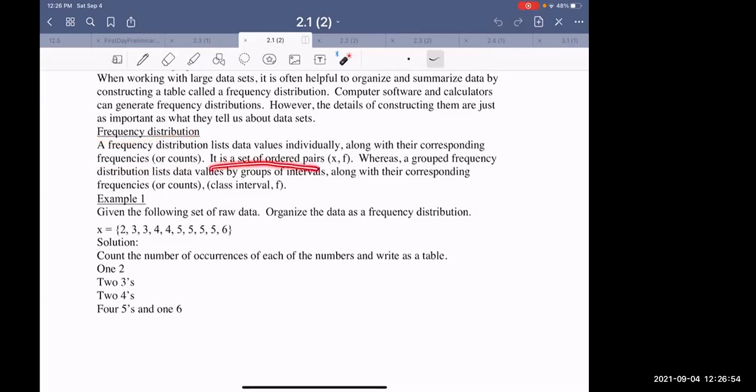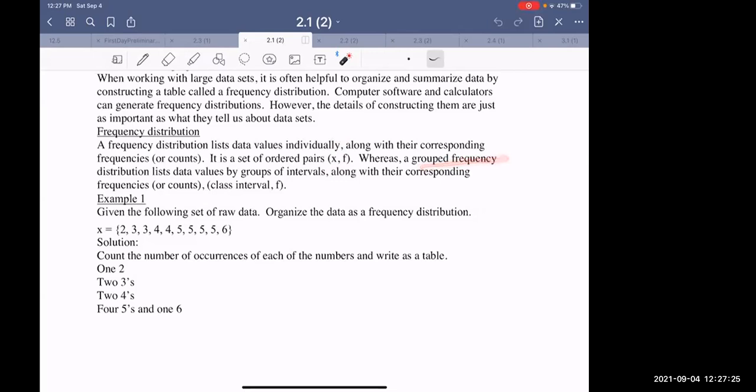A frequency distribution is a set of ordered pairs where X is the value of your random variable, and F is its corresponding frequency of occurrence for this particular random variable. If you have a lot of these, then it still is gibberish. You can't figure out what's going on.